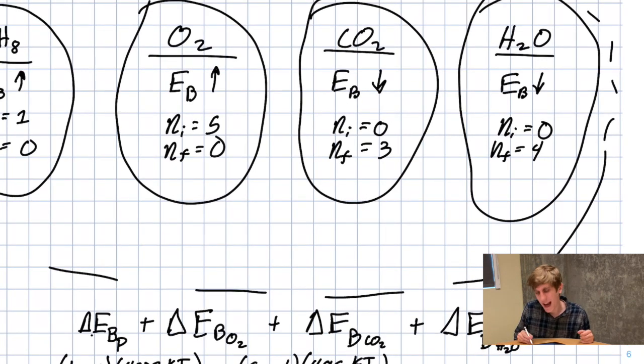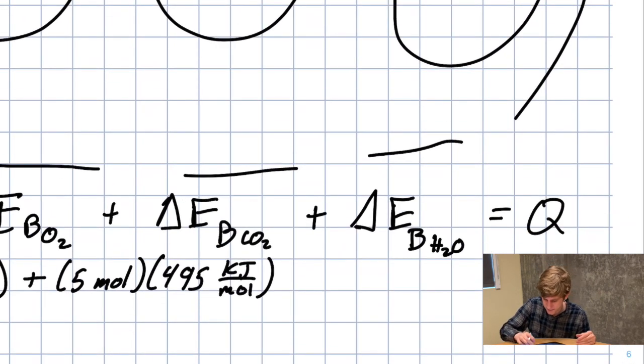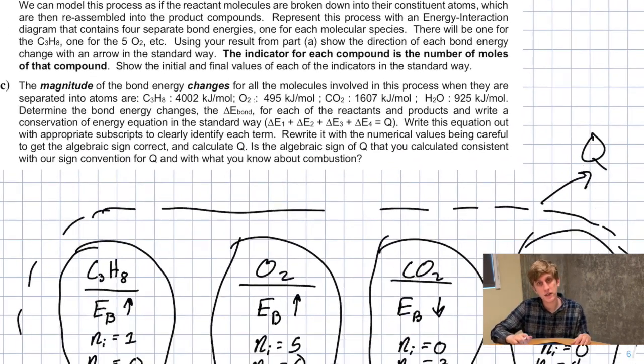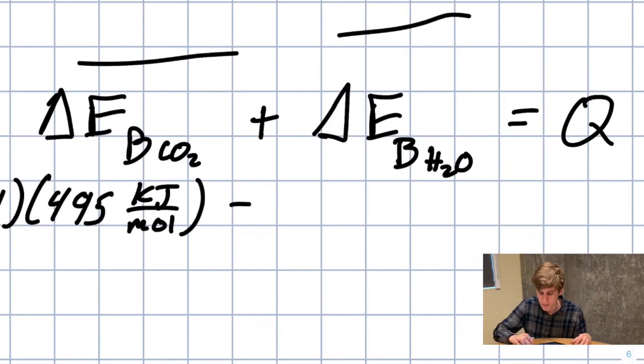So we know that we have to put negative signs on these numbers. This is why drawing a correct energy interaction diagram can be so helpful. It helps you avoid making little mistakes like not adding negative signs. We're forming 3 moles of carbon dioxide, and it takes 1,607 kilojoules per mole to do this.